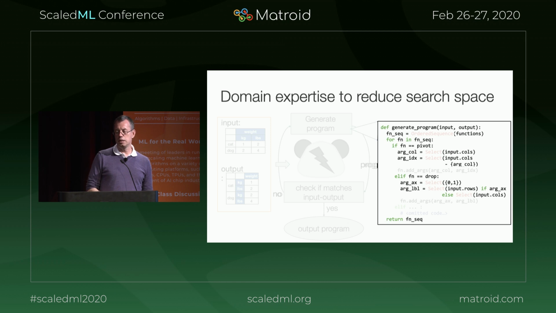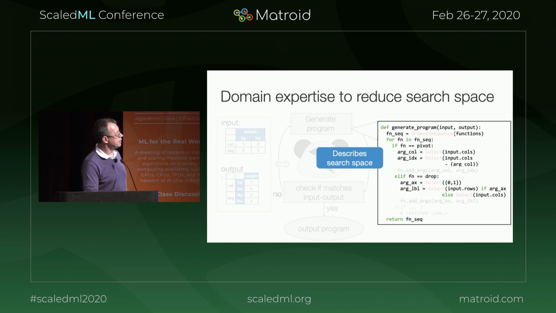For instance, take the drop function in Pandas. The first argument of drop tells you whether you drop a column or a row. So you can encode these constraints in what we call the generators for that particular API and reduce the search space. If it's 0, you know it's a column. If it's 1, you know it's a row. Otherwise, you need to try all the possible combinations.